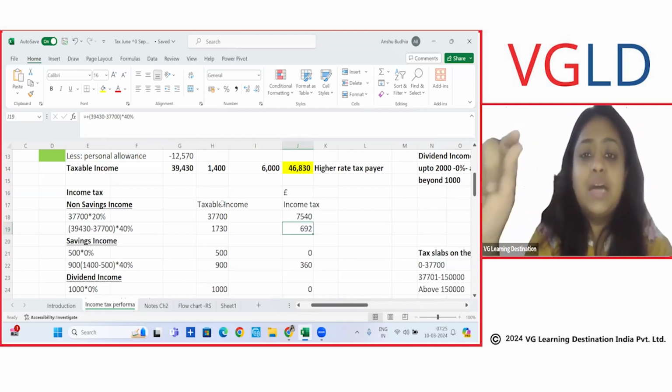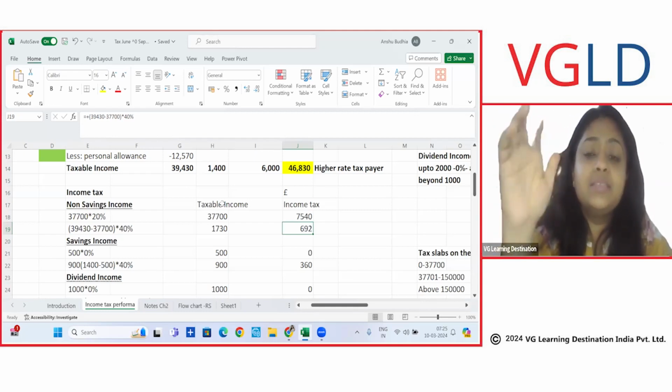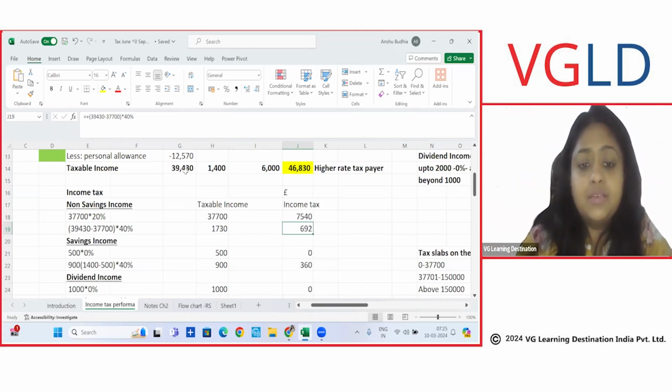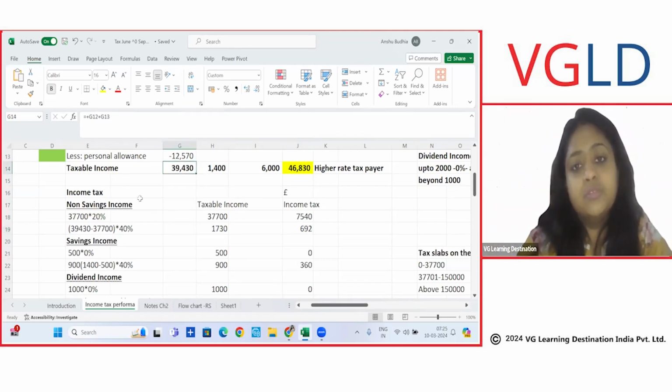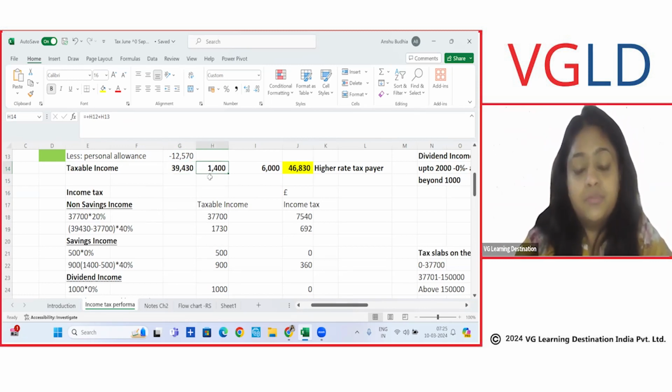So the 5,000 starting nil rate band will only be applicable if NSI is up to 5,000 or less than 5,000. Here, if you see, NSI, the non-savings income, is more than 5,000. So the starting nil rate band of 5,000 is not applicable here. Correct? So that starting nil rate band is not applicable on savings income directly.